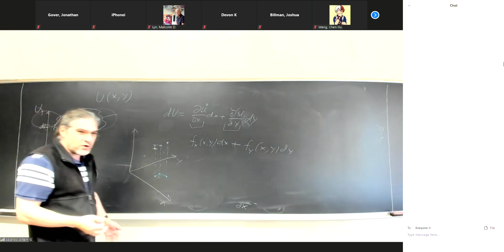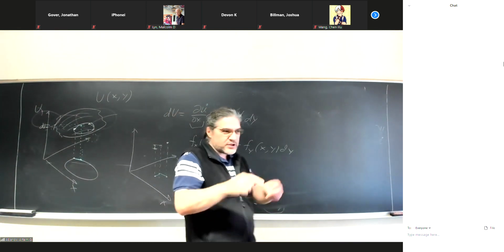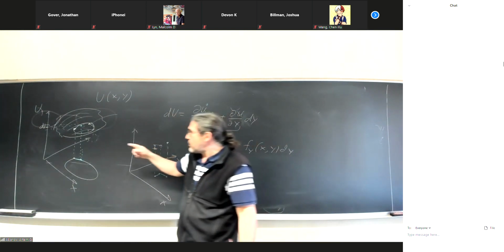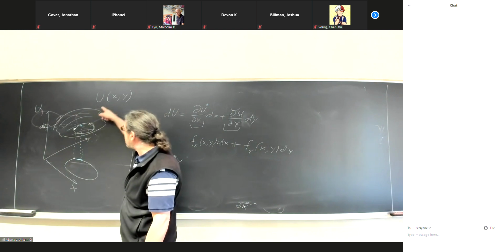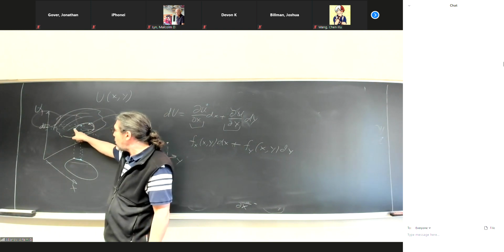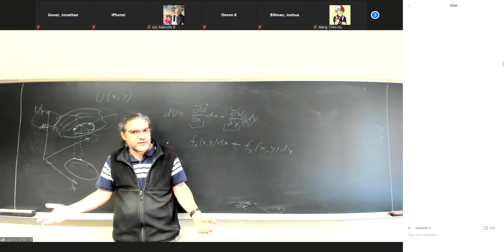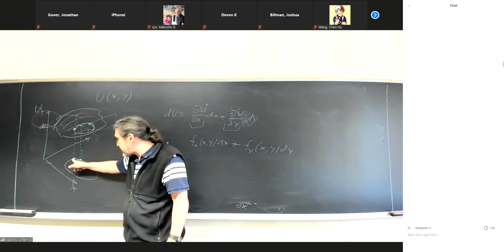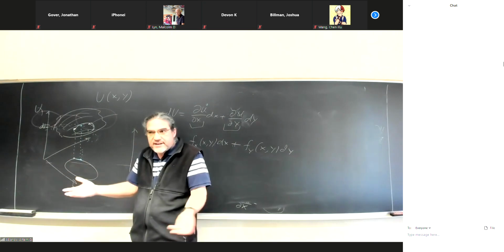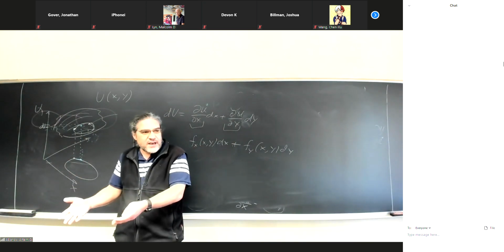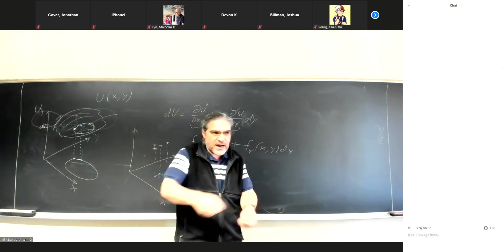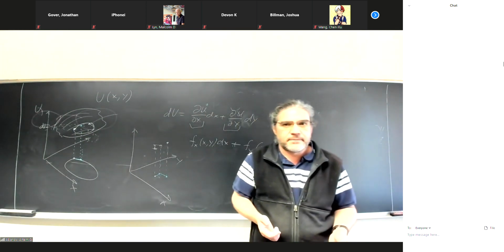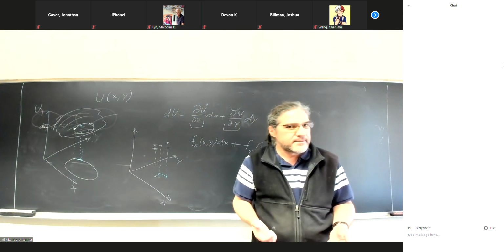So my u will not change if I trace the changes of the function while I go there. It will change along the way, but it will always come back to the same place, because I came to the same x and y, and u of x and y at the specific x and y is just some specific number. I always come back to the same number. Does that make sense?